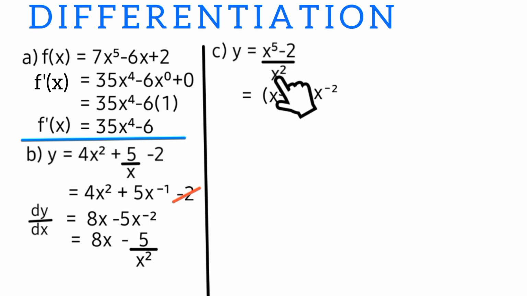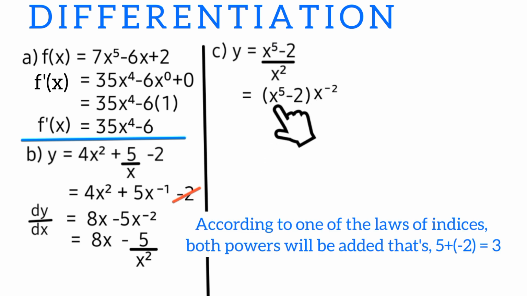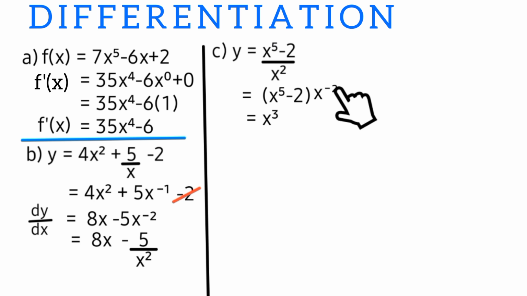Then taking x raised to the power of 2 up becomes x raised to the power of minus 2. x raised to the power of minus 2 times x raised to the power of 5. Remember our laws of indices. Adding up the powers, 5 minus 2. Then minus 2 times x raised to the power of minus 2.